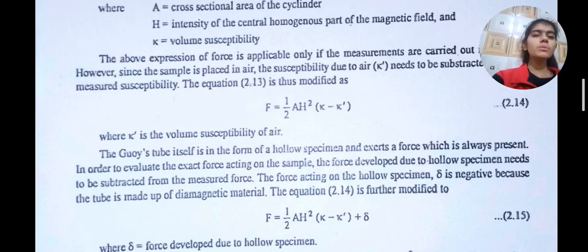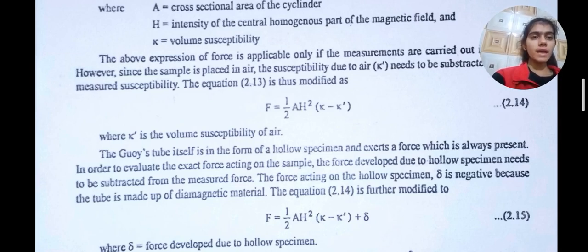The Guy's tube itself is in the form of a hollow specimen and exerts a force which is always present. In order to evaluate the exact force acting on the sample, the force developed due to the hollow specimen needs to be subtracted from the measured force.